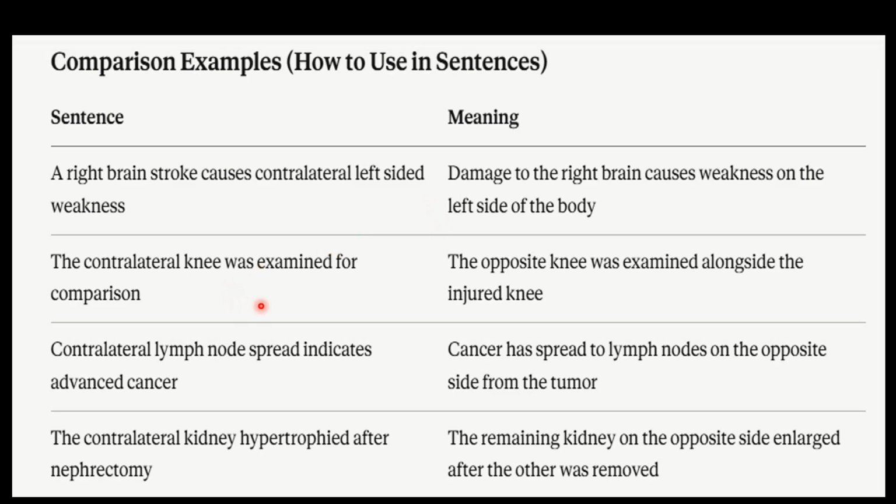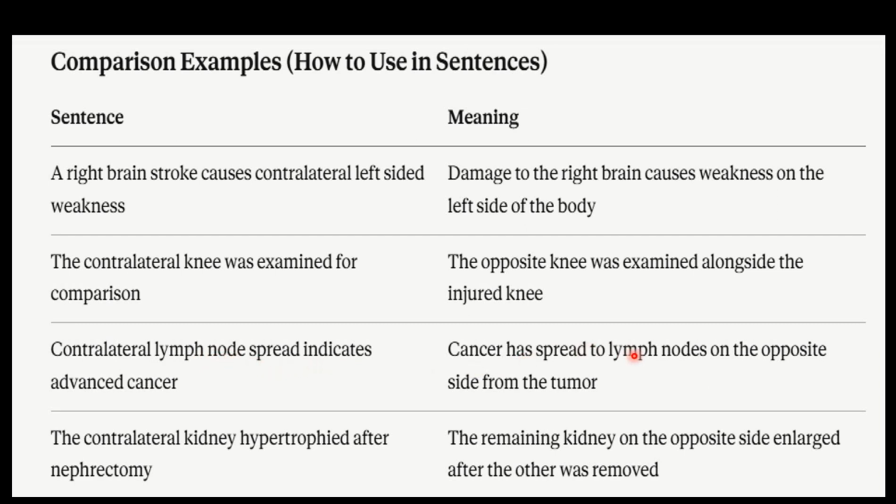The second example is: the contralateral knee was examined for comparison. Okay, so the opposite knee was examined alongside the injured knee. Okay, so what is the contralateral knee? That means of both knees, one on the left side of the body and another on the right side of the body. Clear? The next is: contralateral lymph node spread indicates advanced cancer.